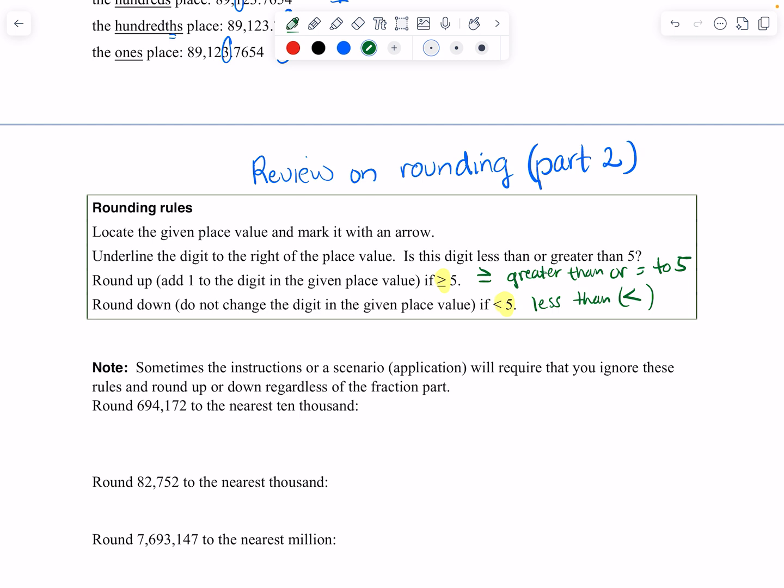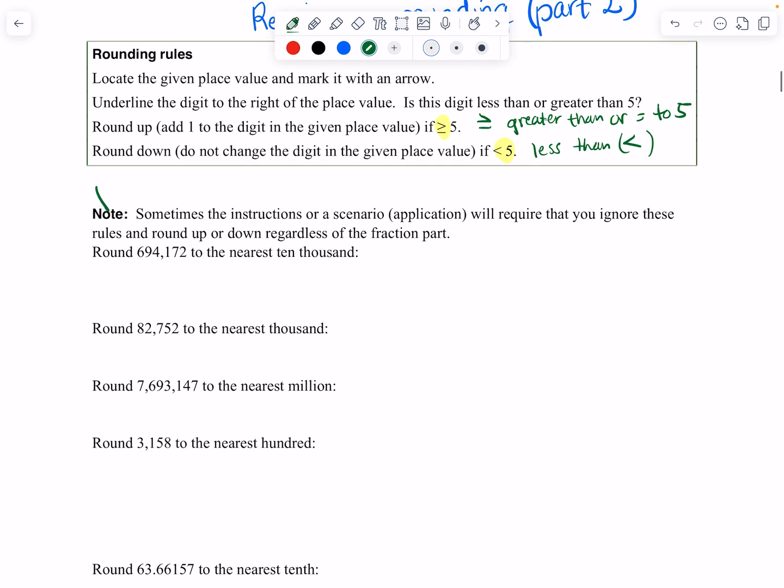There is a note here, and we're going to see in the application problems that sometimes there's a scenario that requires you to ignore the rounding rules. But for now, we're going to follow the rules to the T.